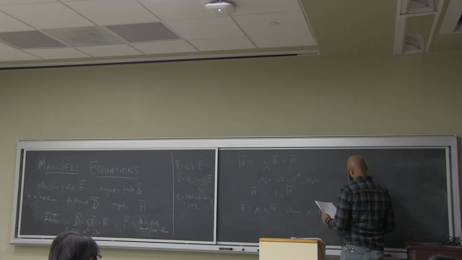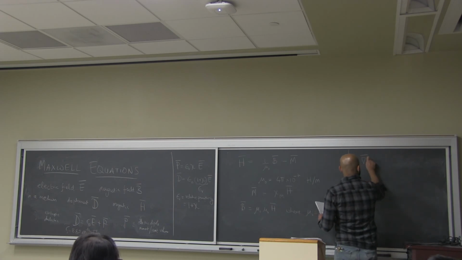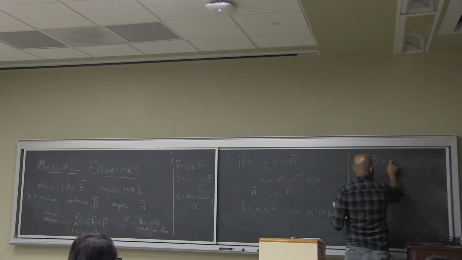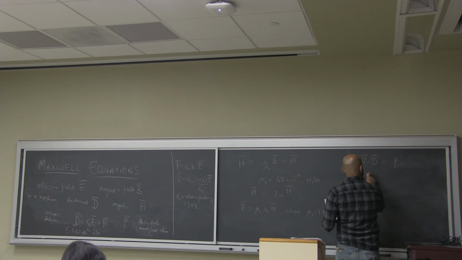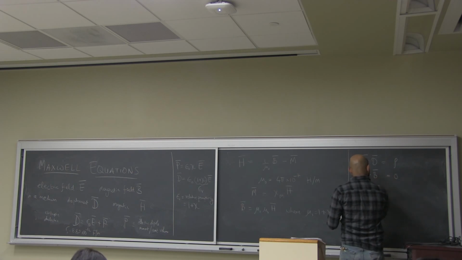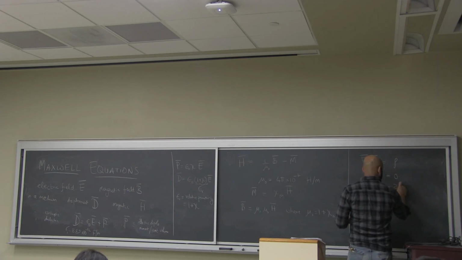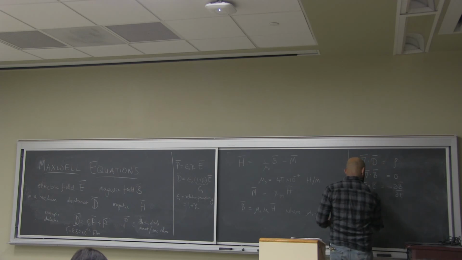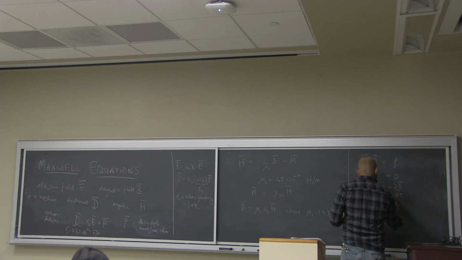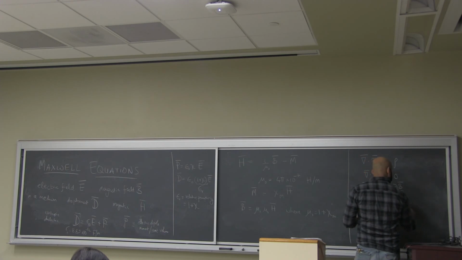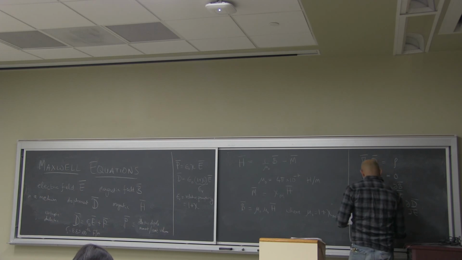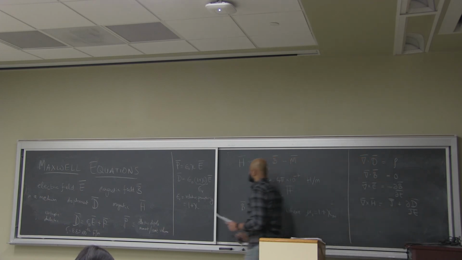But, okay, so then the Maxwell equations, simply in terms of all of these quantities, again: del dot D equals rho, del dot B equals 0, del cross E equals minus dou B by dou t, that's Faraday's law, and then Ampere's law, del cross H equals J, the current density, plus the term which was given by Maxwell, dou D over dou t, to make the equations symmetric.